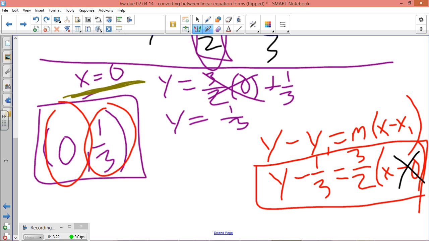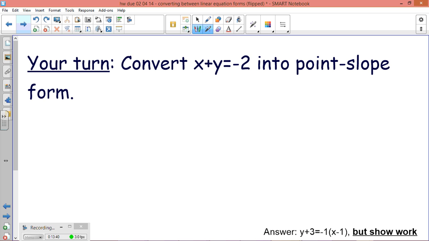You could pick any point you want. But for every different point you pick, you will get a slightly different answer here. So your point slope form might not look exactly like my point slope form, but that's okay as long as they actually mean the same thing. Excellent. Here's one for you to try, and then we'll go on to something a little bit easier.